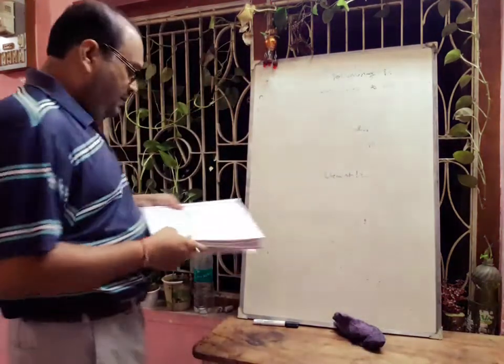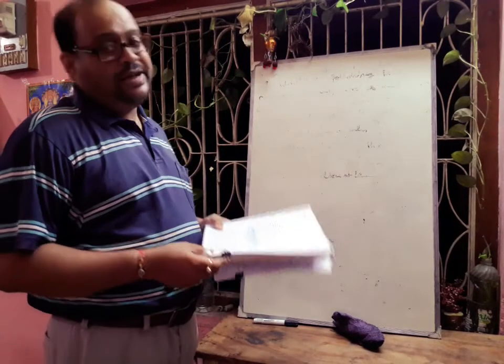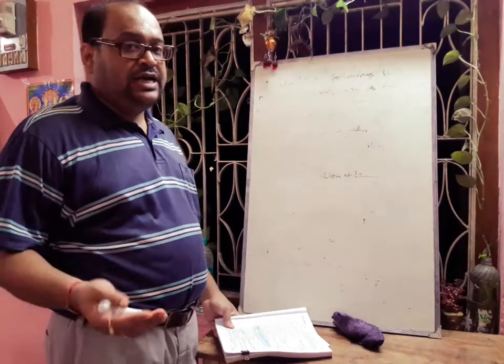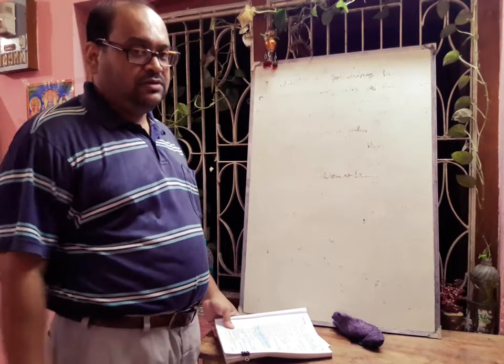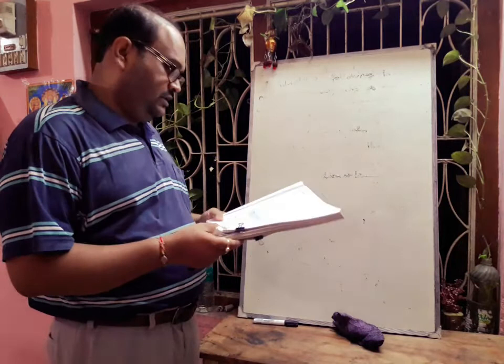Next question is given: fill in the blanks from the choices given in brackets. But in your unit test there may not be some options, so you have to write the appropriate word properly.